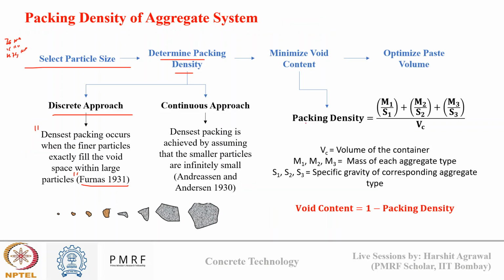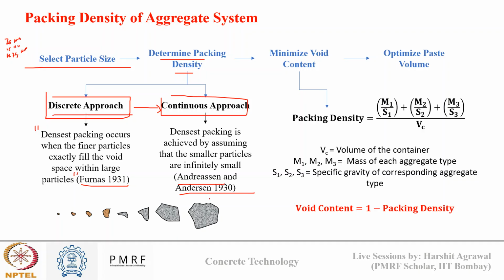So these two limitations were identified for the discrete approach. Okay, there was one more theory instead of the discrete approach, and that theory was known as the continuous approach. This was proposed by authors Anderson and Anderson in 1930. This approach says that densest packing is achieved by assuming that smaller particles are infinitely small.